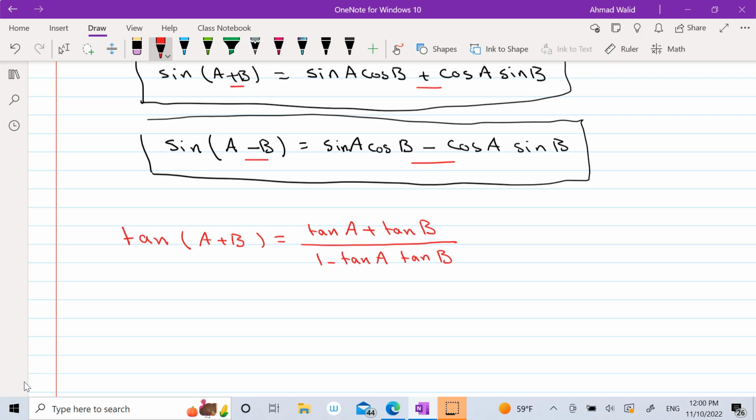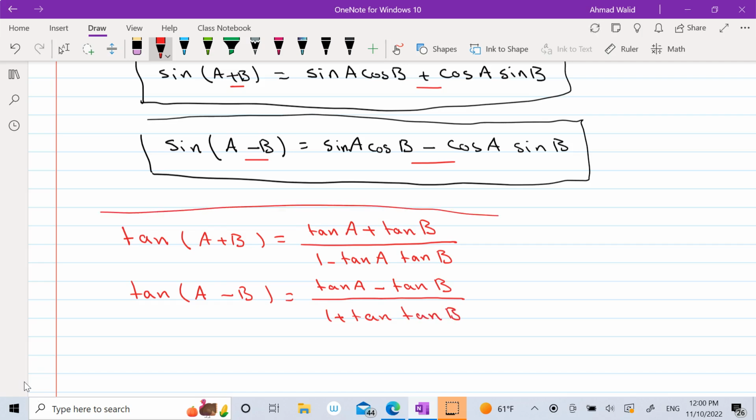Same way, tangent of a minus b equals tangent of a minus tangent of b over 1 plus tangent of a tangent of b. Another two identities. Here in this section, you're dealing with 4 identities.